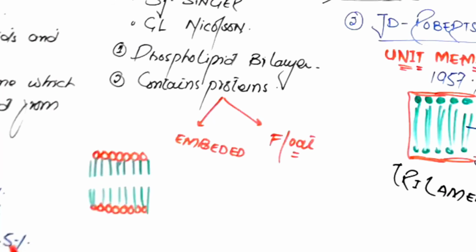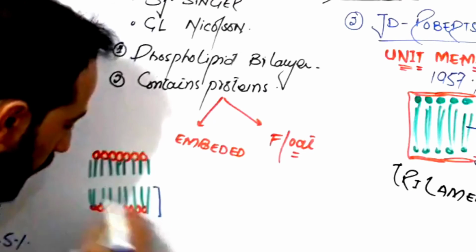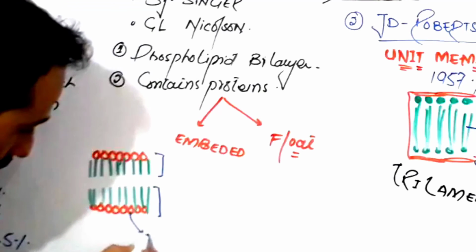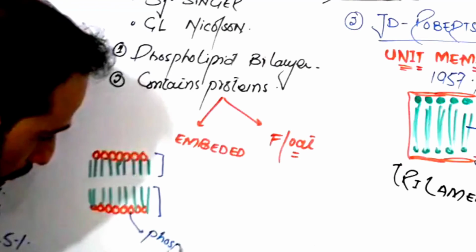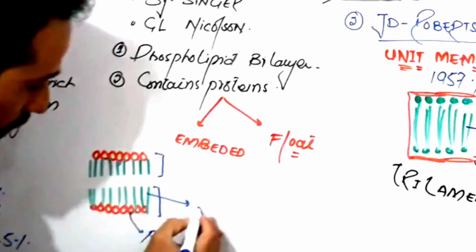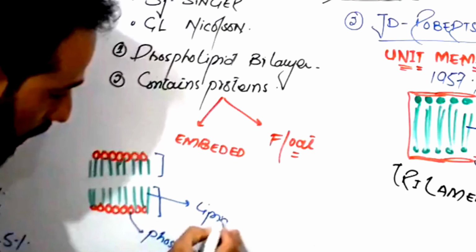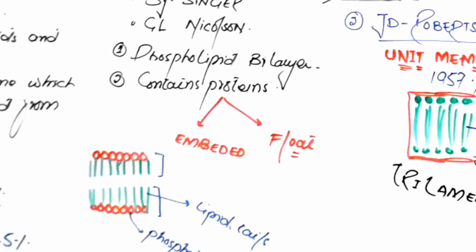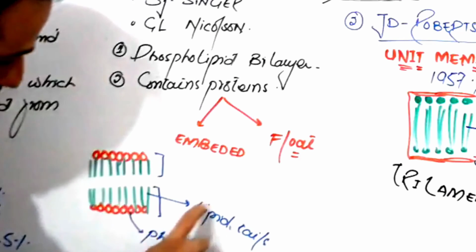So how many layers did it become? It became two layers, first layer and second layer. In this layer there are phospholipids. This red head is the phosphate head, and these are the lipid tails or fatty acids. Lipid tails. So we call it phospholipid.